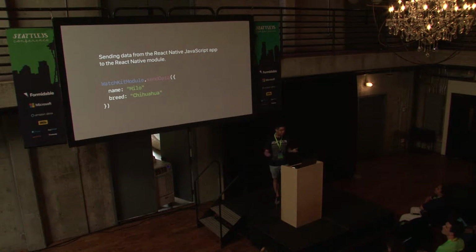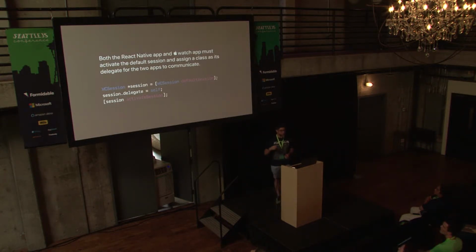In our JavaScript, we're going to call our WatchKit module, which is just a React Native module, and then we're going to send some data on a dog. And this data we could get from our Redux, State, Flux, MobX, whatever you like.